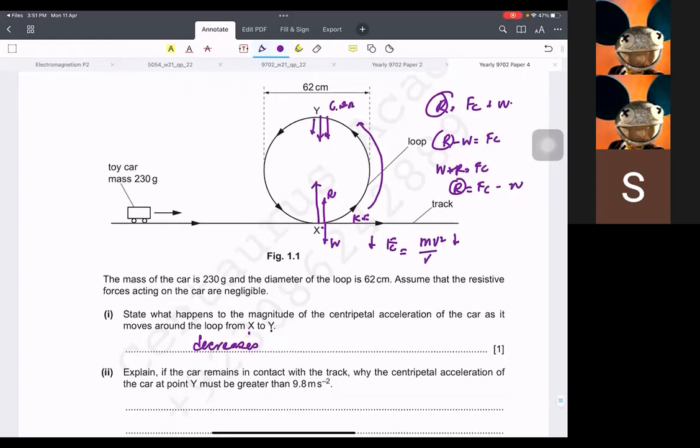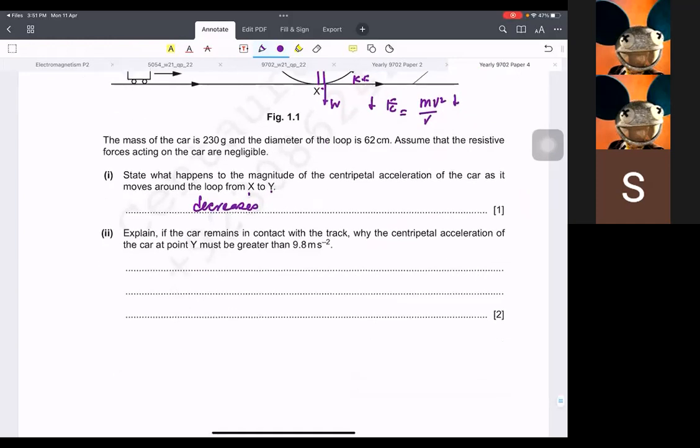Yes. Now, explain in terms of forces why the car remains in contact with the track, why centripetal acceleration at point y must be greater than 9.8. So it should be because 9.8 meters per second squared is due to the weight of the car, right?